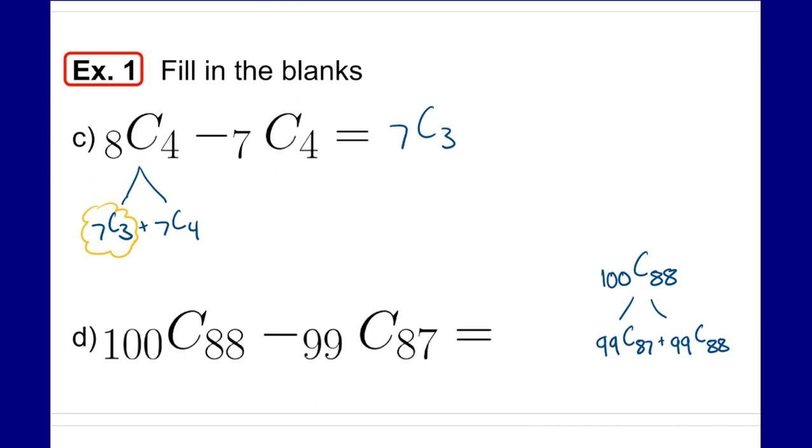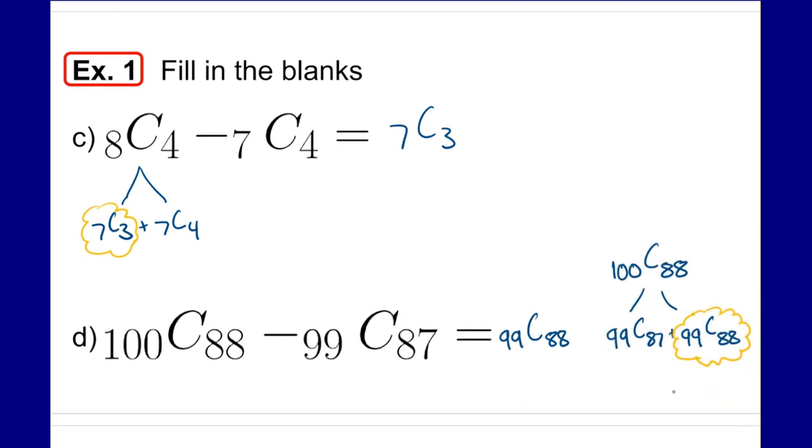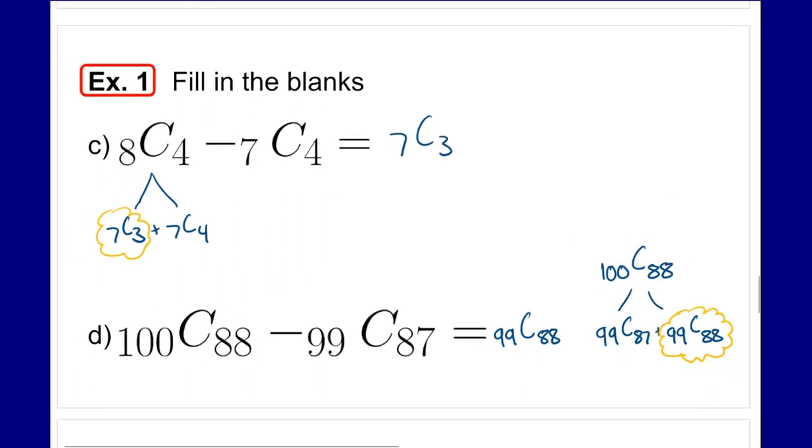And since I'm subtracting the 99 choose 87 in my expression, that means this part, the 99 choose 88, is the remainder. So again, this is just looking at some of the notation, looking at Pascal's method and how we can use it to help us find different position numbers. That's all it is, very straightforward.